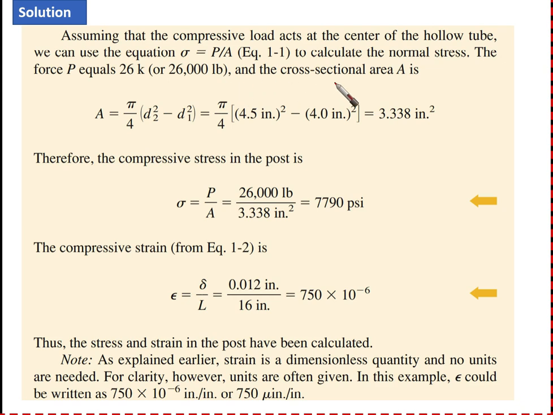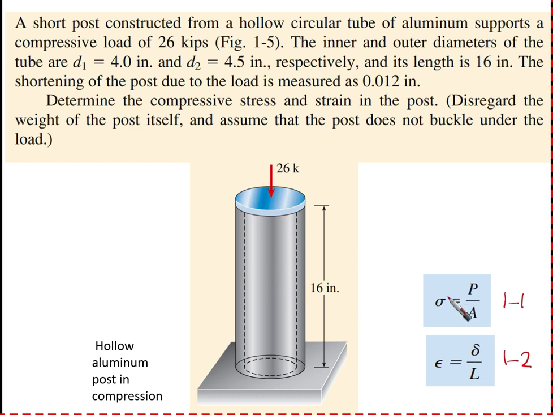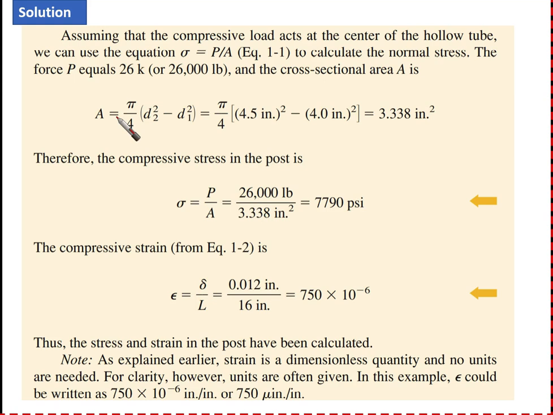And the cross-sectional area A, so we need the cross-sectional area. Again, we want to get the numerator and denominator. The numerator is 26,000 and the denominator is going to be calculated as you can see here. It is a circular tube, so pi over 4 times d2, the outer diameter squared, minus d1, the inner diameter squared.